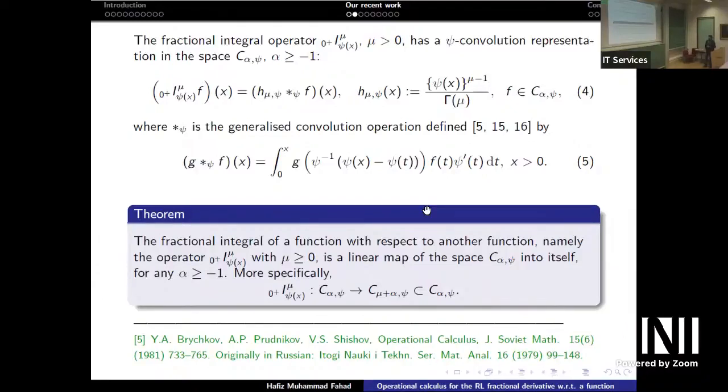Here, this generalized convolution, which we are denoting by star psi, is the generalized convolution operation which is defined in equation number 5.